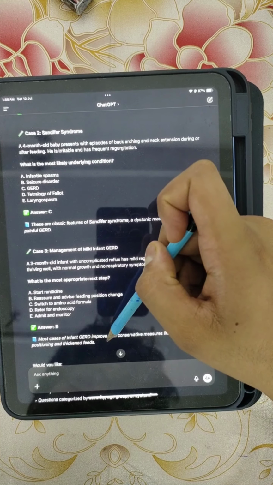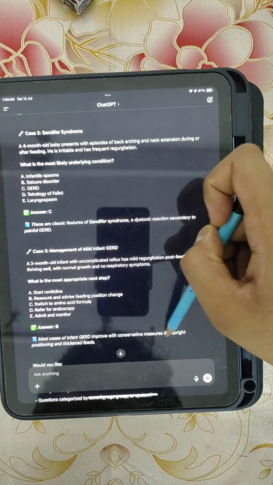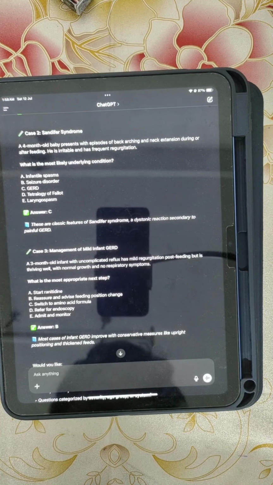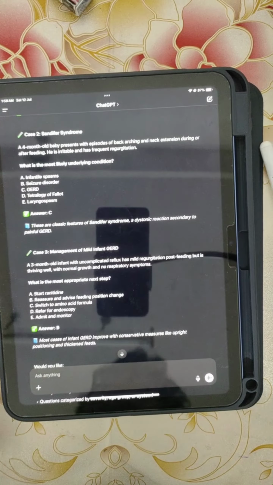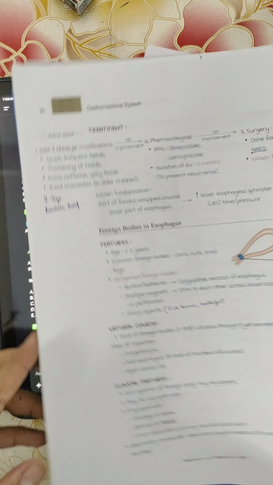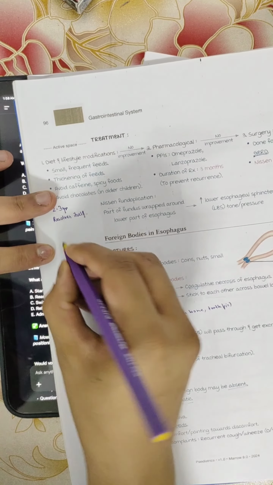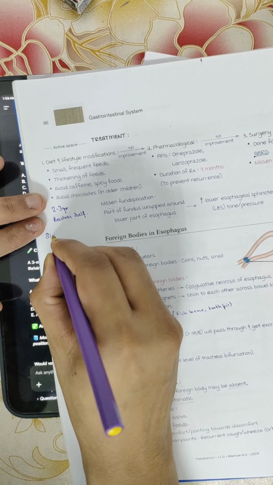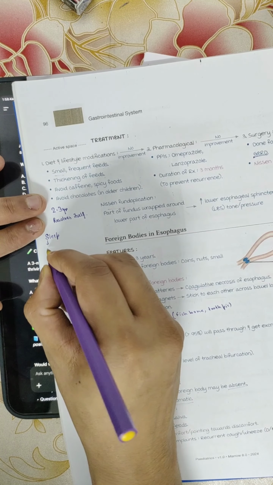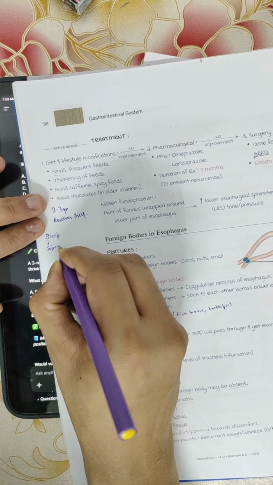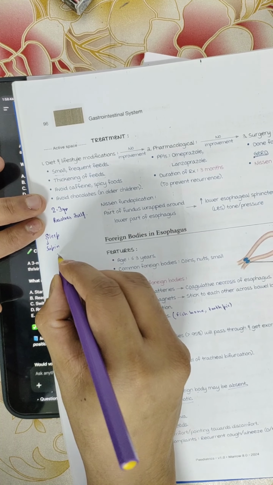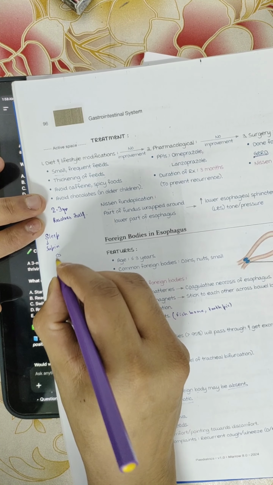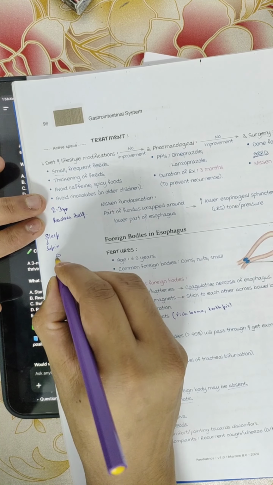Most cases of infant GERD improve with conservative measures like upright positioning and thickened feeds. So what is the positioning when feeding the children? While sleeping, they should be in supine position, slightly angled at 30 degrees.